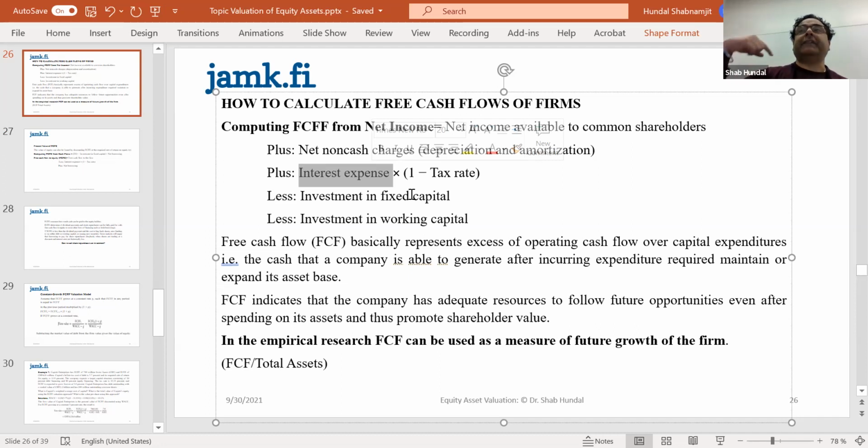So in the new rate of discount, we have to give due respect not only to the cost of equity, but also to the cost of debt. We take the overall cost of capital, not just equity.